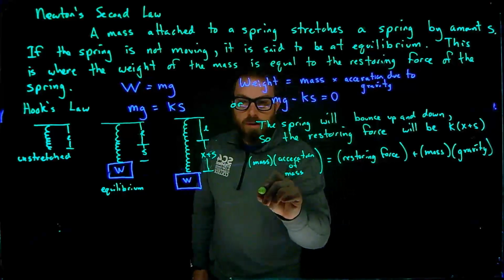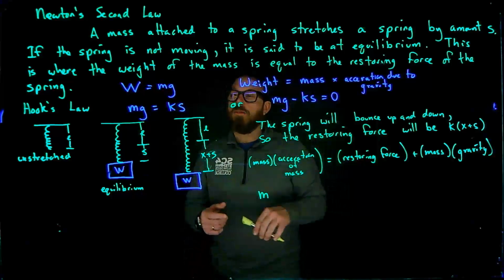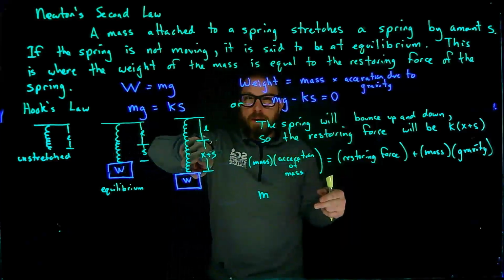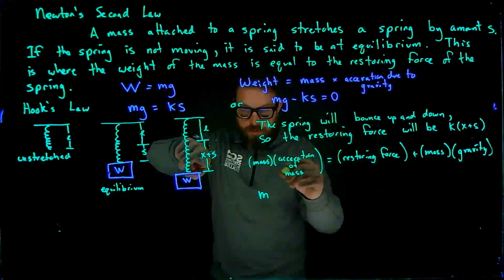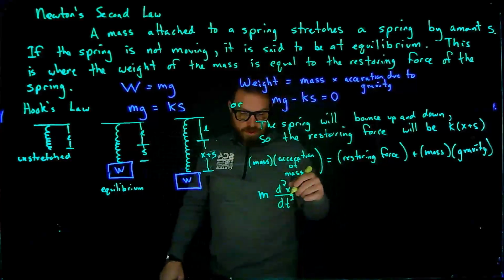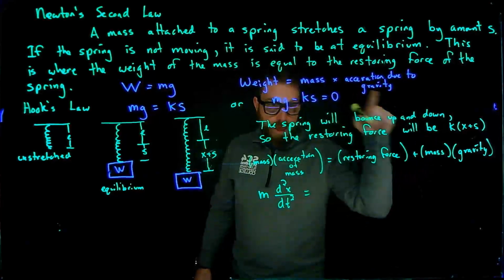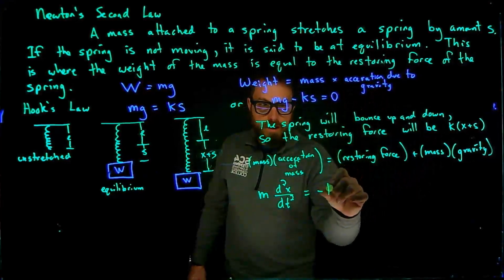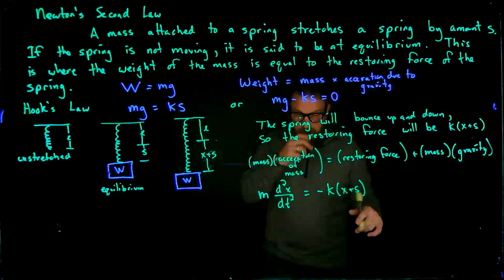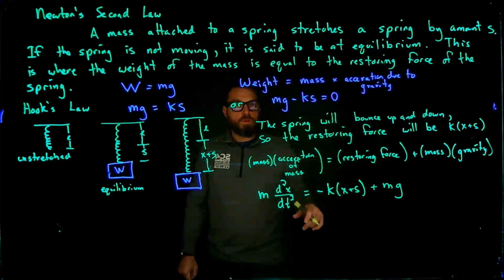So our mass being m, our acceleration of the mass is going to be the second derivative of x. Remember that we're pulling this thing down, and x is its position, so it's going to be the second derivative of position. So this is d²x/dt², the second derivative of that elongation, and this is going to be equal to the restoring force, which is given by that. So this is equal to minus k times (x plus s) plus mg. Restoring force means pull it back.